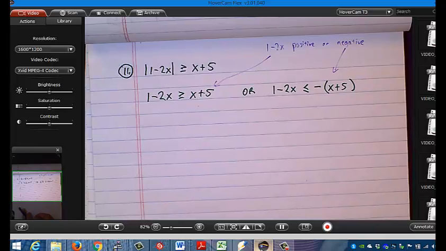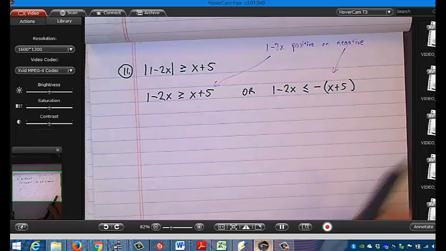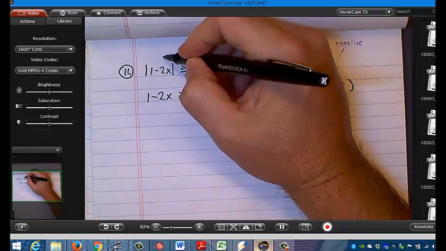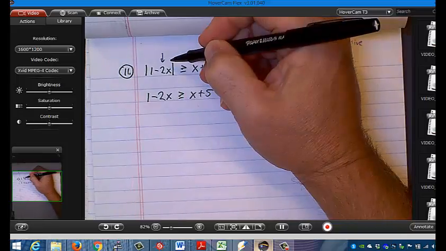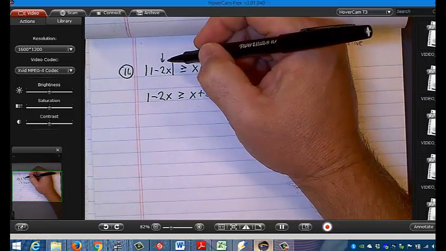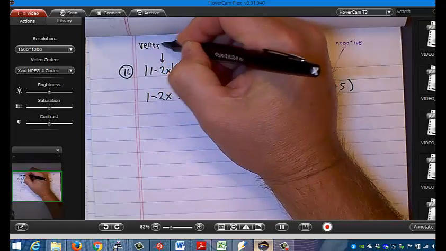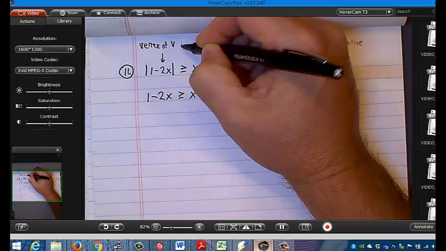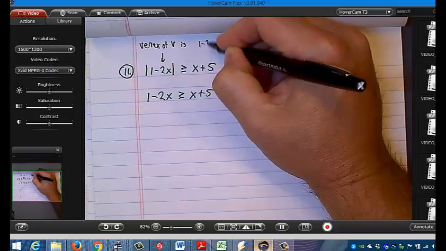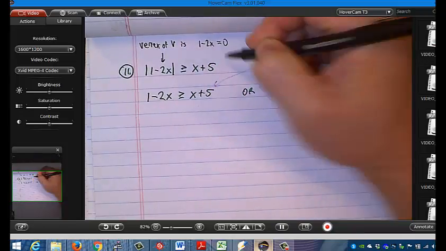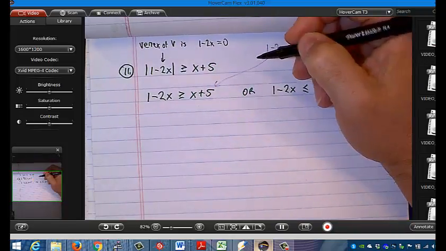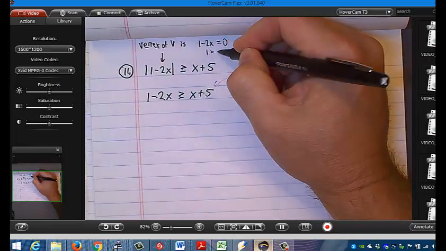Okay. So, in other words, the magic number here for absolute value of 1 minus 2x, the vertex of the V, is at 1 minus 2x equals 0. 1 equals 2x.